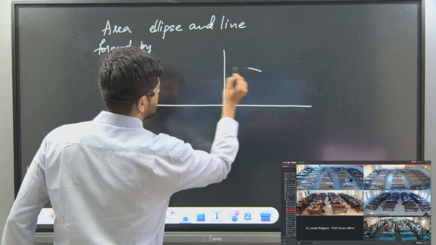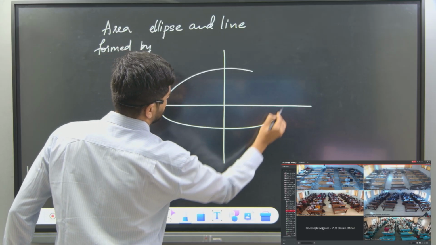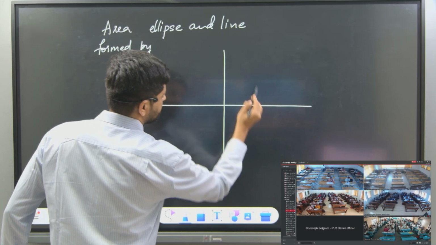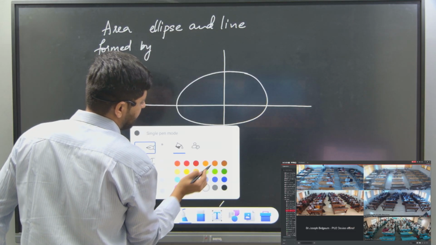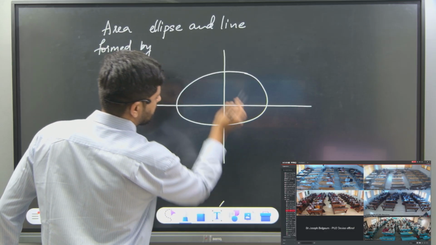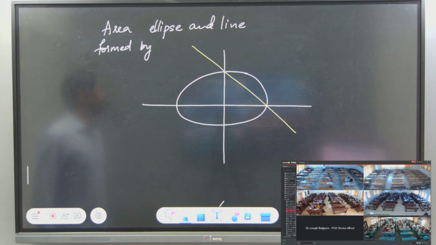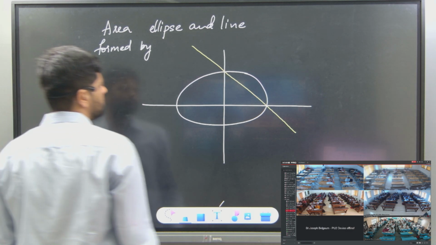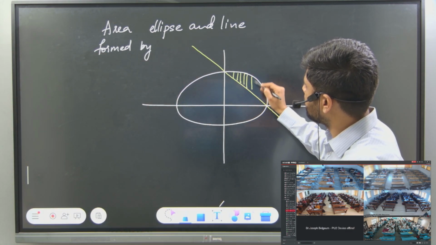Say you have an ellipse, and you have a line like this passing through these 2 points, and I want to find out this area.